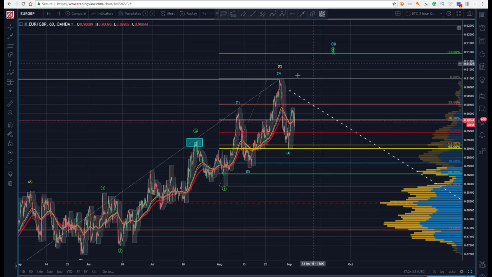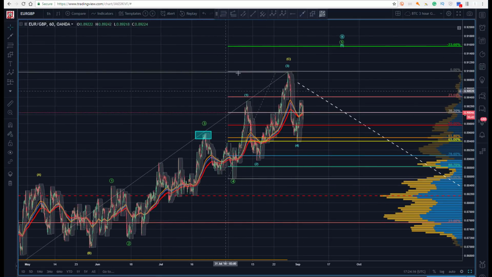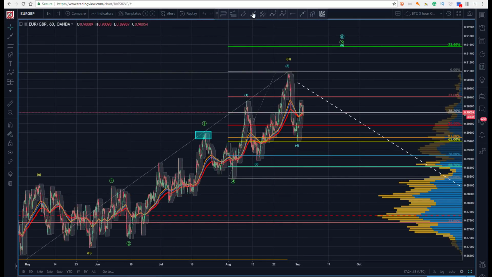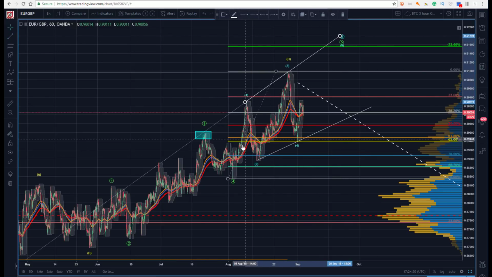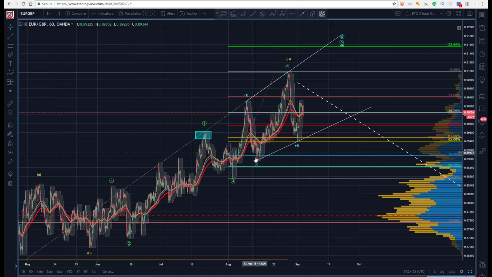So if we get beyond this pivot, then the more likely scenario here is that I've got a diagonal to finish this. So something along these lines here. So finishing perhaps with an expanding diagonal. So we have something like this to finish us. So 3, 4, 1, 2, 3, 4. I like this even better here.